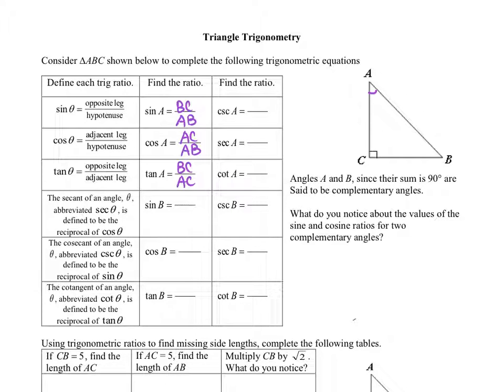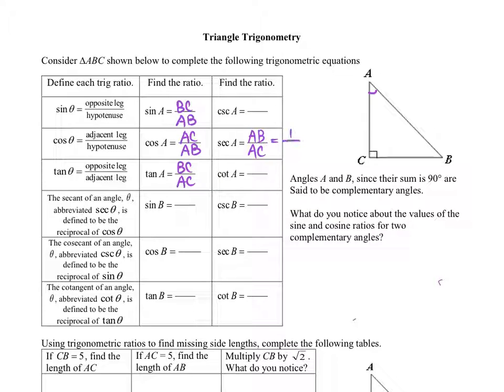Right? And next it says the secant of an angle theta, abbreviated as secant theta, is defined to be the reciprocal of cosine theta. So if I have cosine A being AC over AB, secant is simply AB over AC.